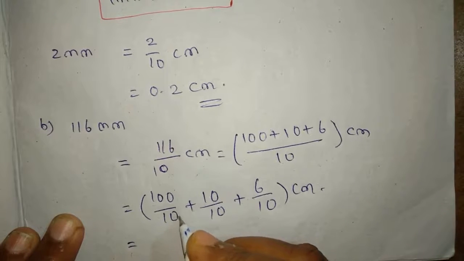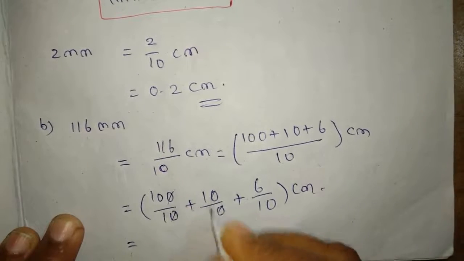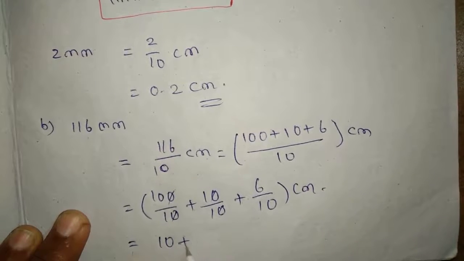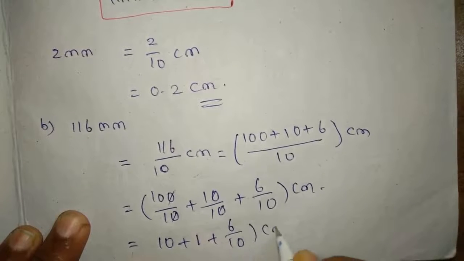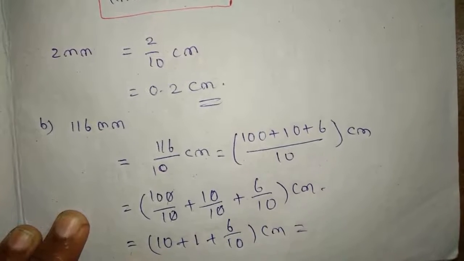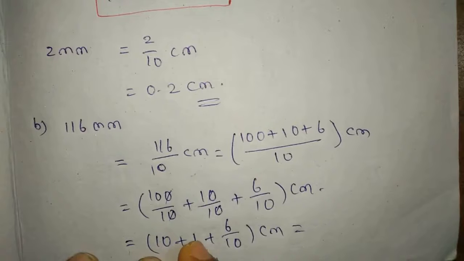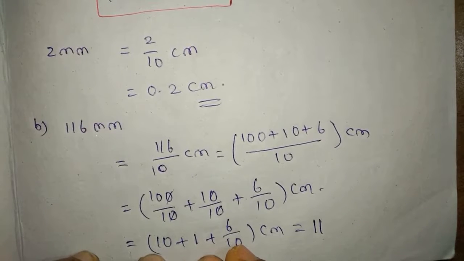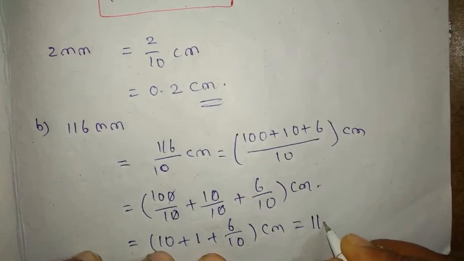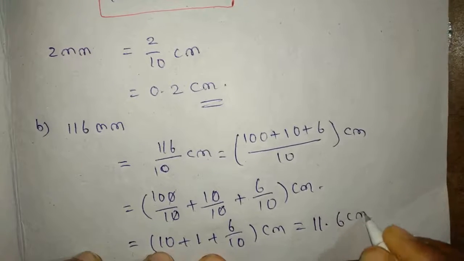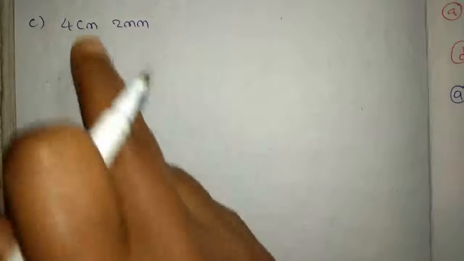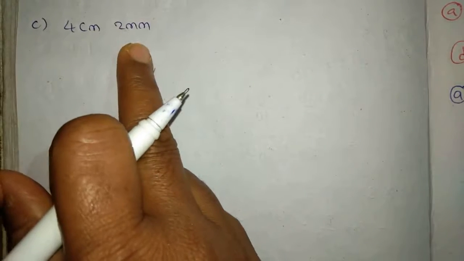Here 0 and 0 cancel, here also 0 and 0 cancel, then we get 10 plus 1 plus 6 by 10 cm. This can be written as 10 plus 1, 11, and 6 by 10 means 6 tenths, that is 11.6 cm.